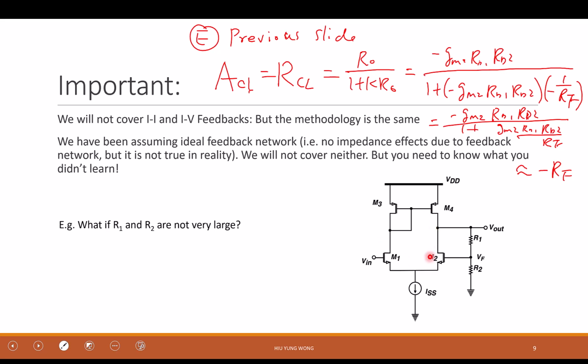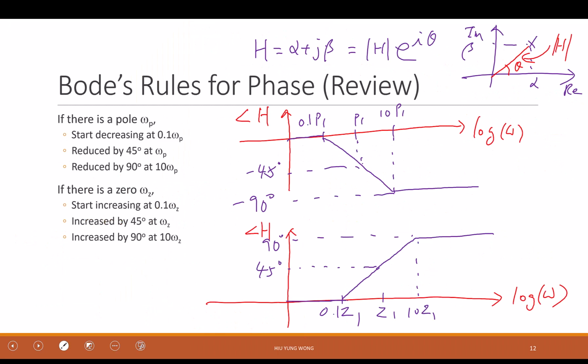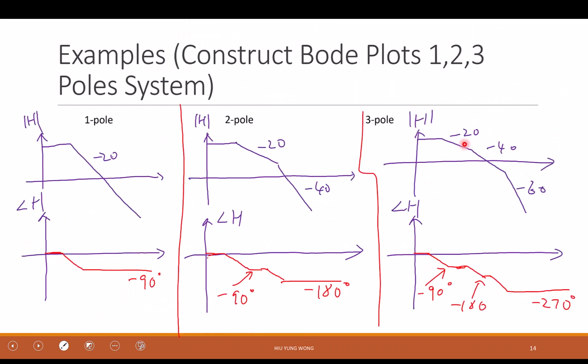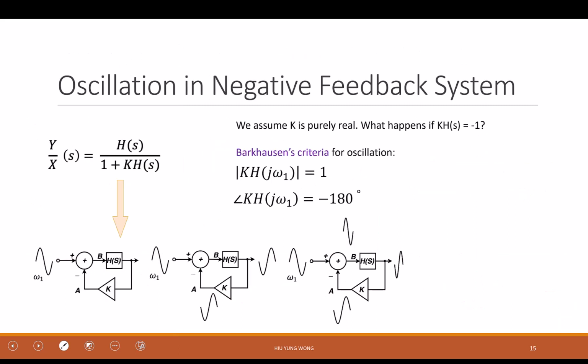The problem will come from the transistor because you have learned the high frequency response, CGS, CGD, CDB, CSB, right? All these things can introduce the pole at very high frequency, right? Remember, when we do the high frequency, we find the pole 1, pole 2, input pole, output pole. These are due to the parasitic capacitor at high frequency.